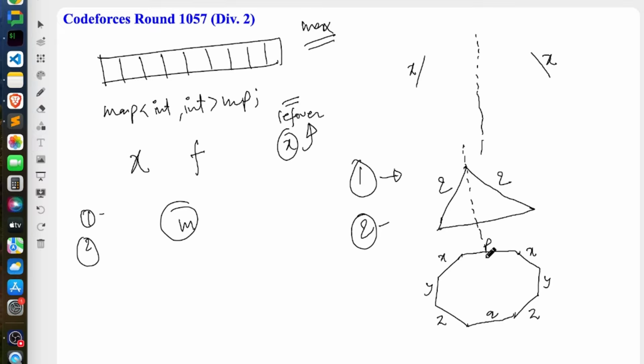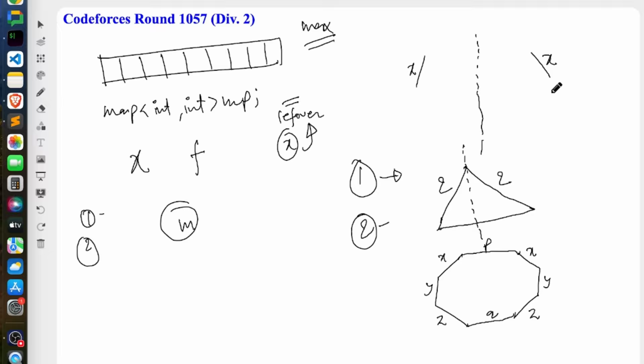So how do you pick the maximum two? You have to pick just two edges, right? So picking two edges could be tricky. So the way we do it, and one more thing, this polygon has to be convex, right?